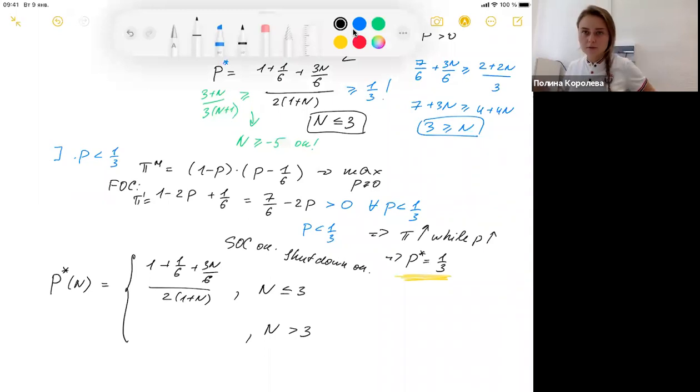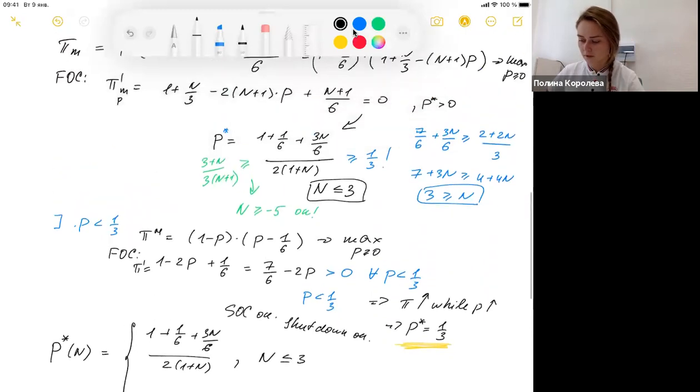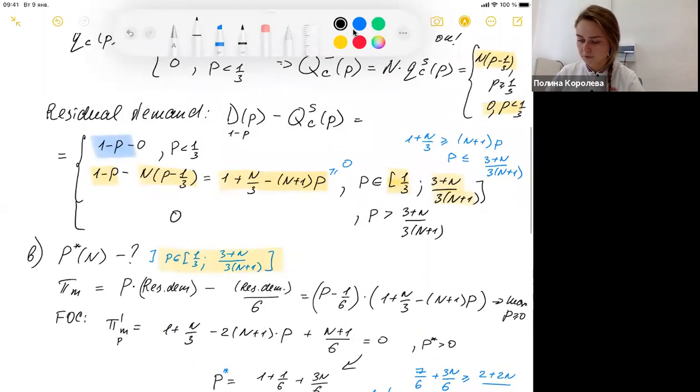Because we have two situations, where we work: the first part of residual demand and the second part of residual demand. Let's see, the first part of residual demand, this blue one. This is the residual demand for low prices, and there are no competitive firms in the market right now. You see there is no supply of competitive firms.